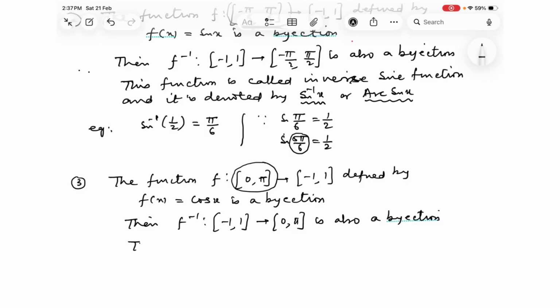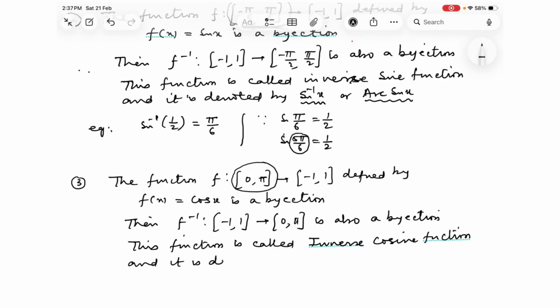This function is called inverse cosine function, and it is denoted by cos inverse x, or sometimes we write arc cos x.